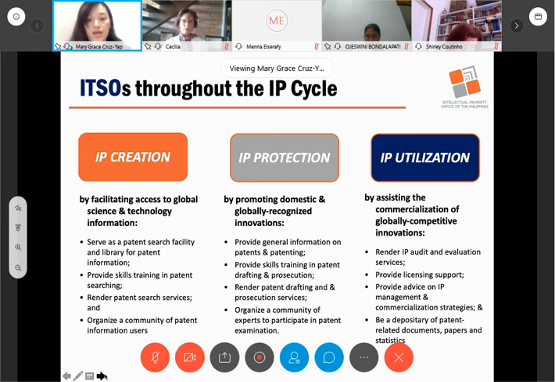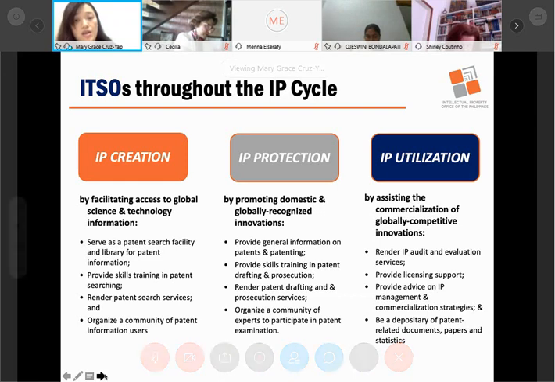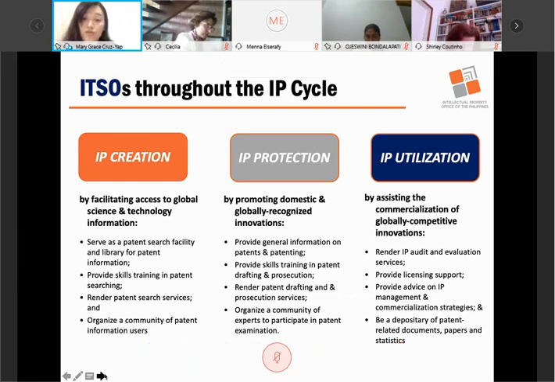In IP protection, they render patent drafting and prosecution services so that the IP assets of the universities and research institutions will be protected. And in the utilization phase, they do IP audit, they do evaluation of their IP assets, and they help in the total package, the IP management package.